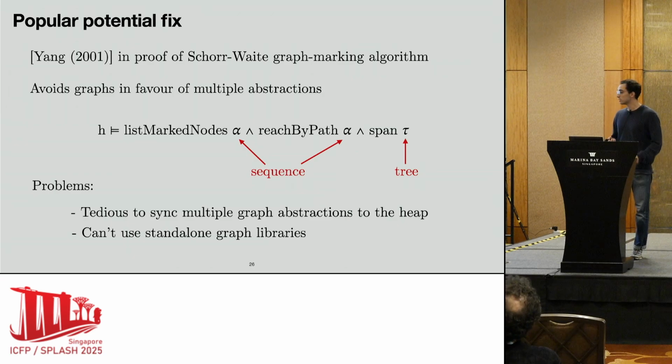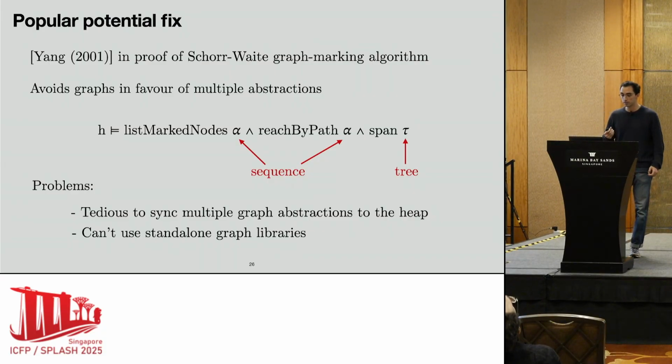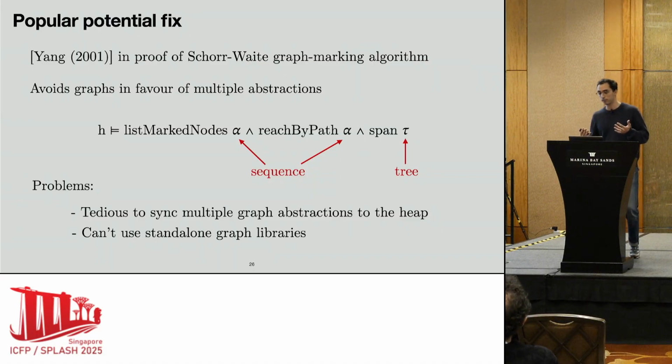The problem with this is that these multiple graph abstractions are very tedious to synchronize with each other and with the heap, which accounts for most of the complexity of Yang's proof. Furthermore, and most importantly for us, because you don't have the graph at the non-spatial level, you can neither construct nor use graph libraries.